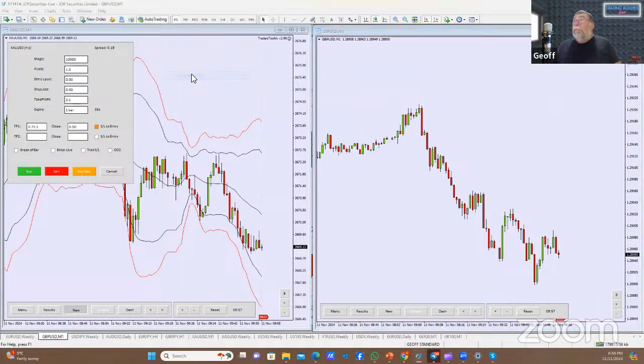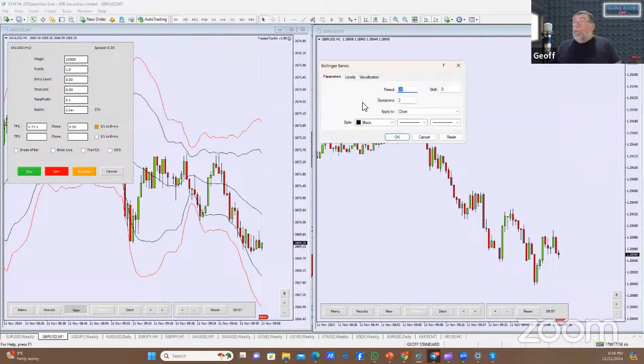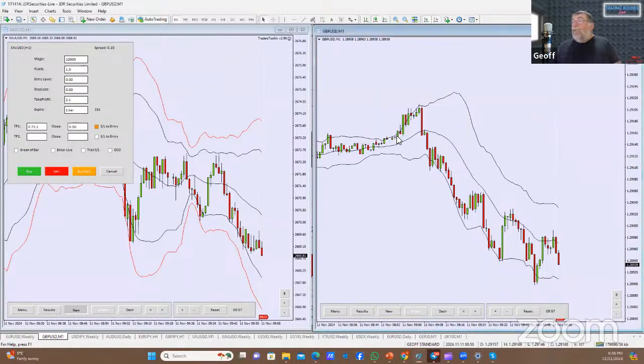So select that. That will come up with a parameters box, if you like. You want it on a 20 period, that's fine. Shift is 0. Standard deviation is 2 on the first one, and I'll color that black. You can color it whatever you like, make it as strong as you like.